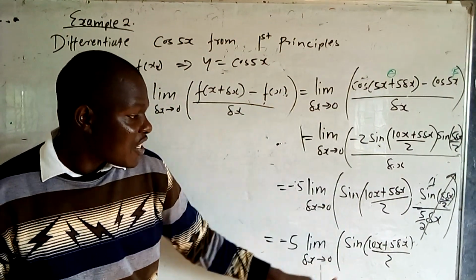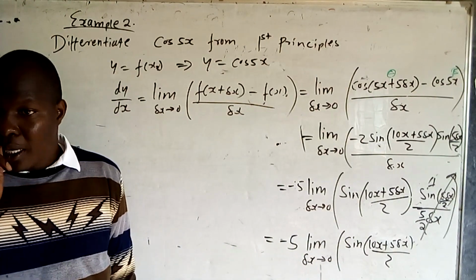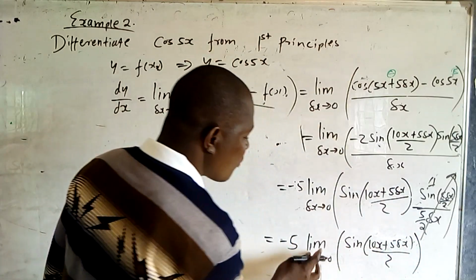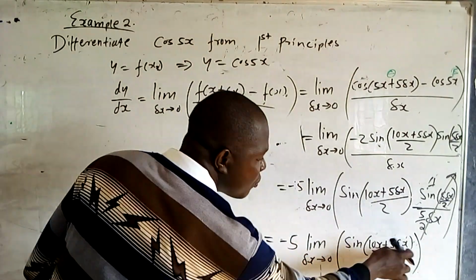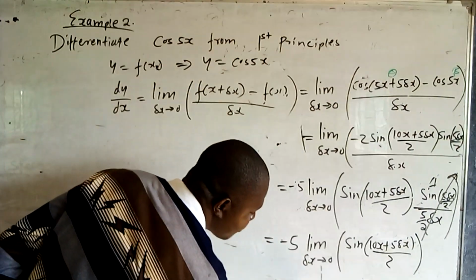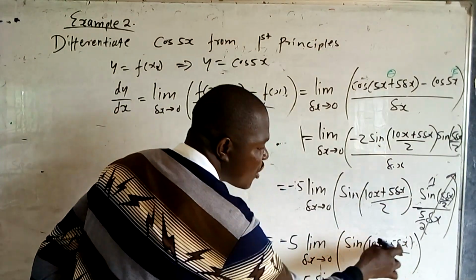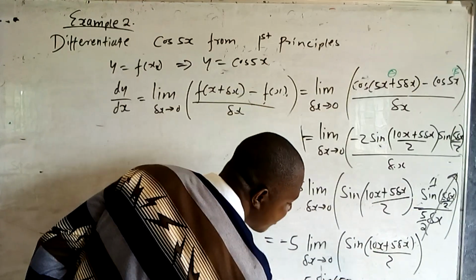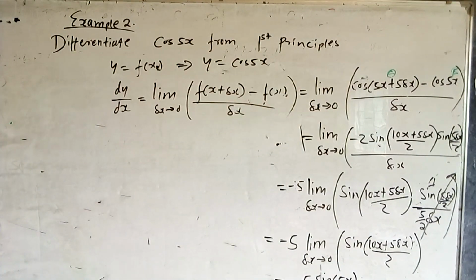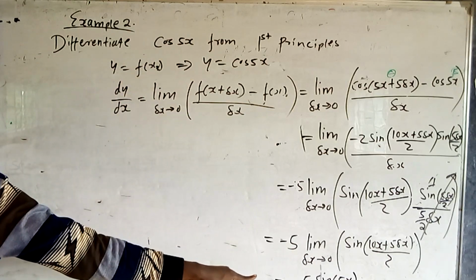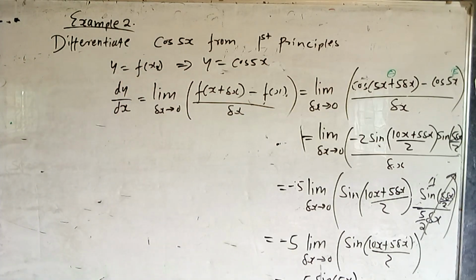So the first limit is now what you substitute. Is that okay? The first limit is what? You substitute, so if you remove this limit, where there is change in x, you put 0. What do you get? If you put 0 where there is change in x, you remain with sine 10x over 2, which is sine 5x. And you found that the derivative of cos 5x from first principle is negative 5 sine 5x.